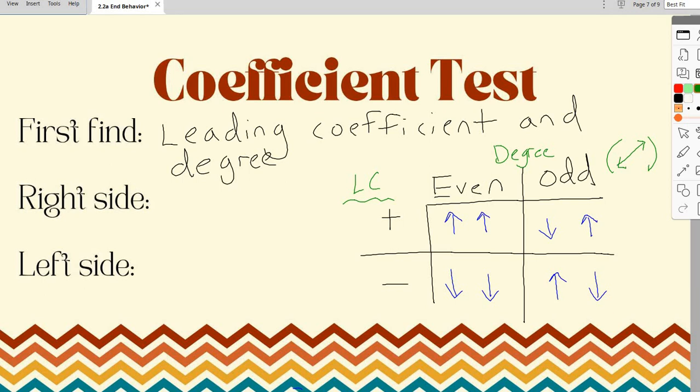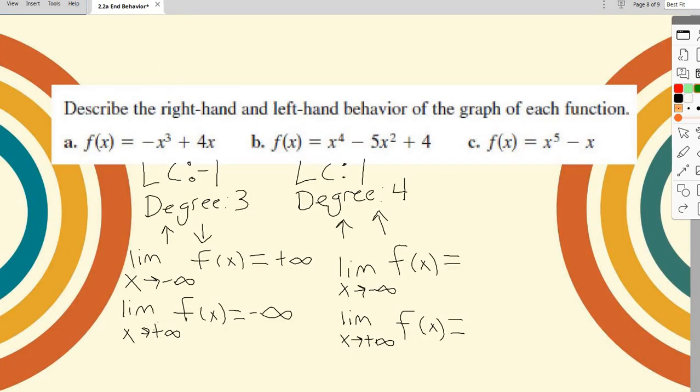Then if it was odd, which is what that first one was, that means they have to be opposite, and we had a negative, so that's what told me the left side was up and the right side was down. So we're combining our limit stuff that we just talked about with this coefficient test. So for this one, since they're both pointing up, they would both be going towards positive infinity.